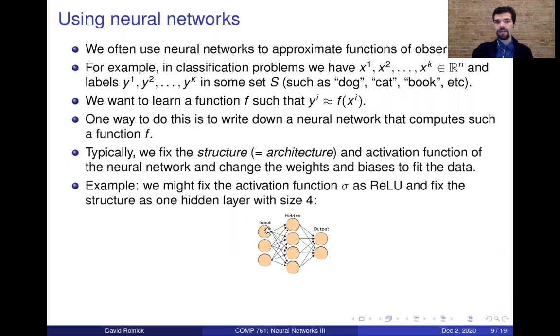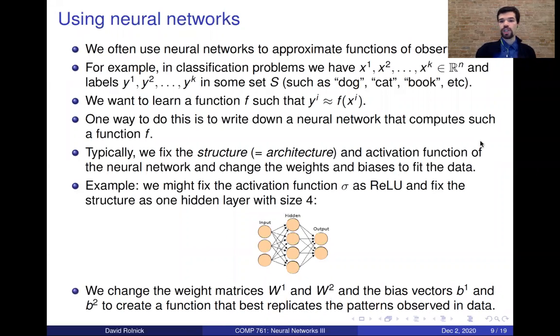This is the structure where you say 3, 4, 2. That's our structure. And the activation function, in this case, would be ReLU. Then we change the weights and the biases to fit the data. The weights are just the W matrices from before, and the biases are the B vectors. So we change the weights and the biases to create a function that best replicates the patterns we have seen in the data.